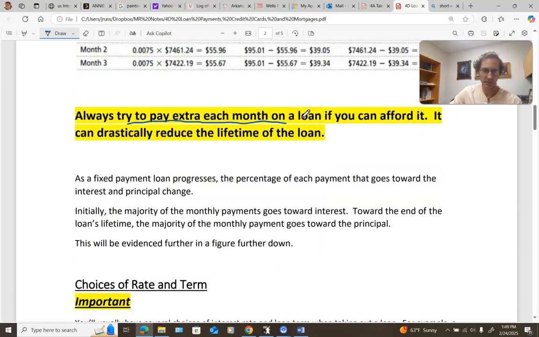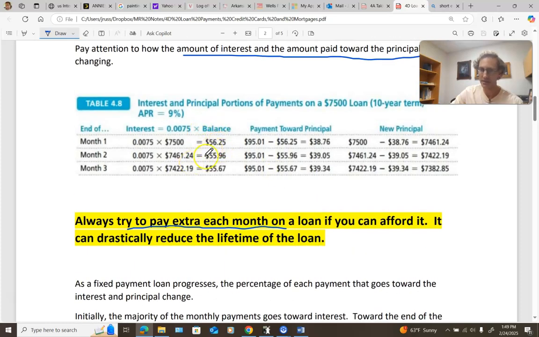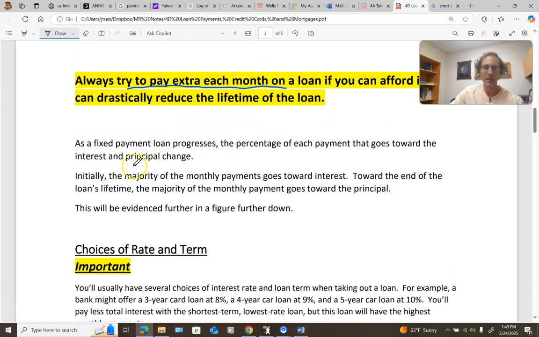All right, let's talk about one last thing, and we'll stop. As a fixed payment loan progresses, the percentage of each payment that goes toward the interest and principal changes. Okay, so we saw that evidenced in this table right here. Initially, the majority of the monthly payment goes to interest, and the rest goes to principal.